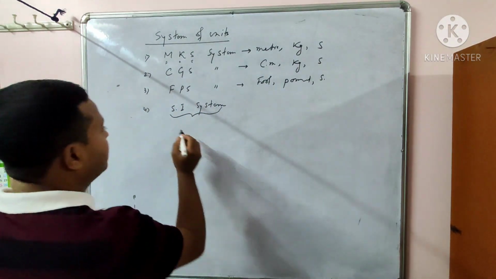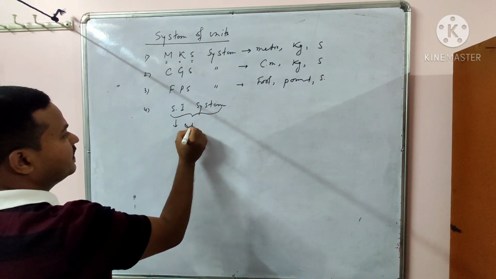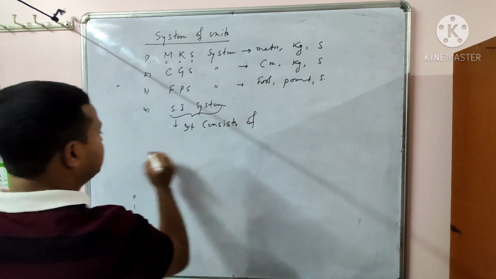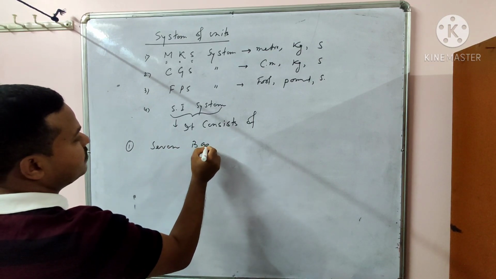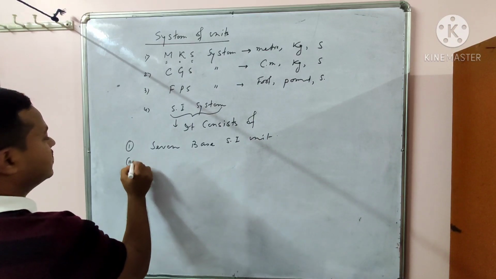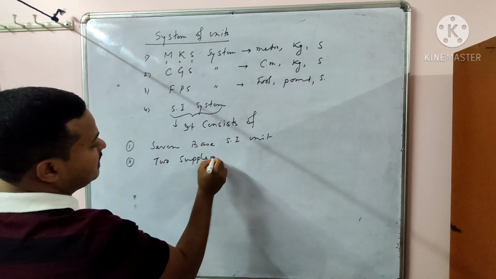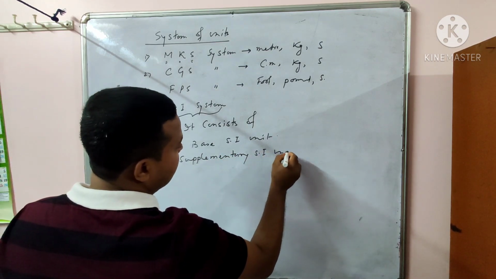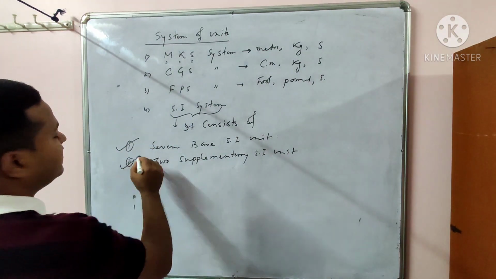Here you have to remember that this SI system consists of seven base SI units and two supplementary SI units. So it contains 7 base SI units and 2 supplementary SI units.